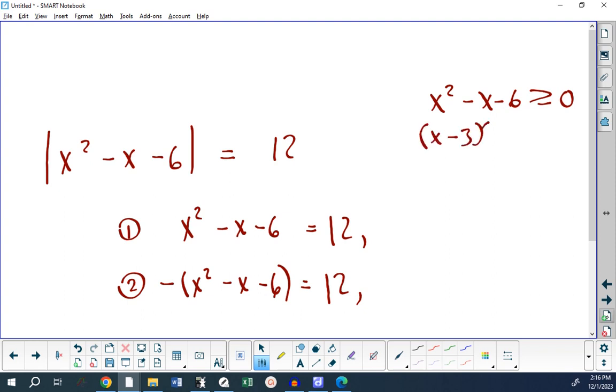And I believe this factors into x minus 3, x plus 2. What that means is it's equal to 0 at 3 and negative 2. So at negative 2, it's 0. At 3, it's 0.